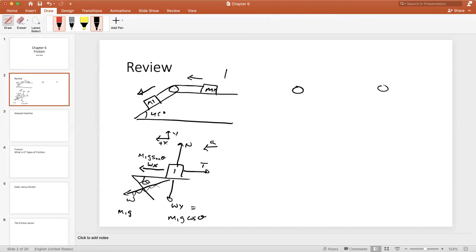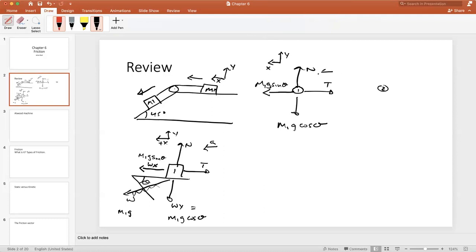For M2, we're going to say y is positive up and x is positive that way, and we'll do the free body diagram for it in a second. So all we have to do is draw the forces. We should actually write x and y. M1g sine theta, and tension, and M1g cos theta.